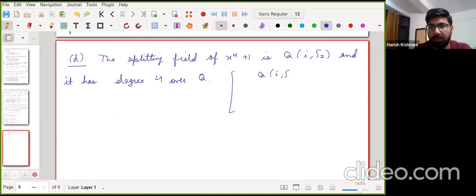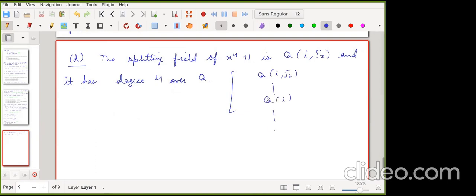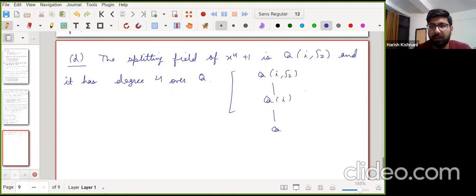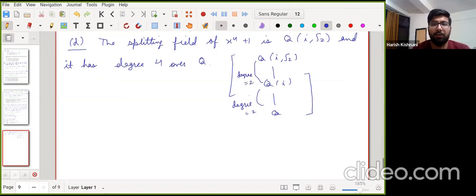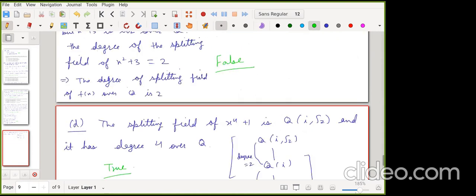So this is Q(i), this is Q. This has degree 2, and this also has degree 2. Thus the total degree is 4. So this statement is true.